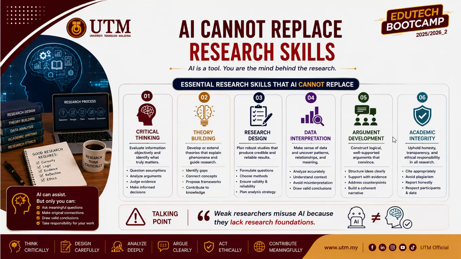So how to formulate the research question, how to design the research objectives? Every single word has a specific meaning, like to analyze, to create, to evaluate. These are a few keywords.